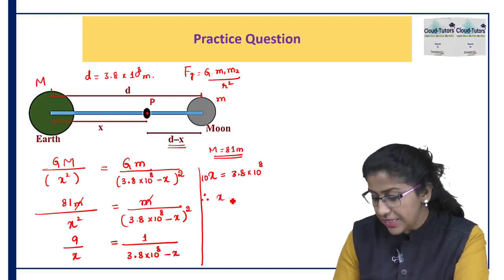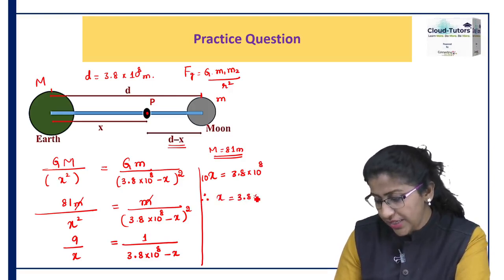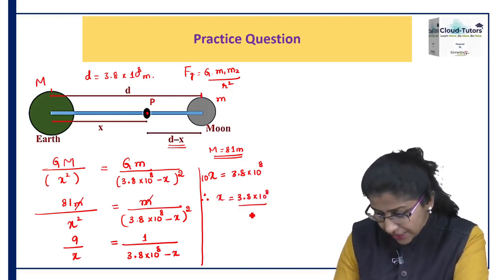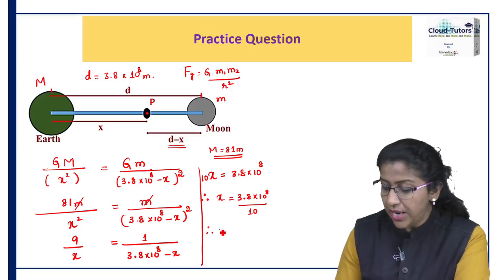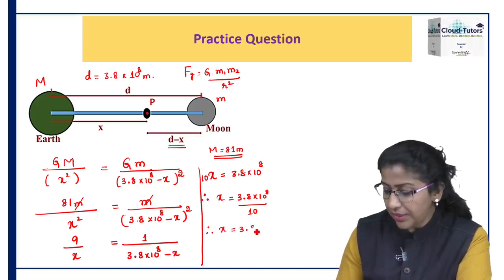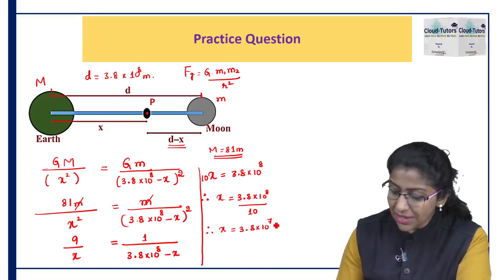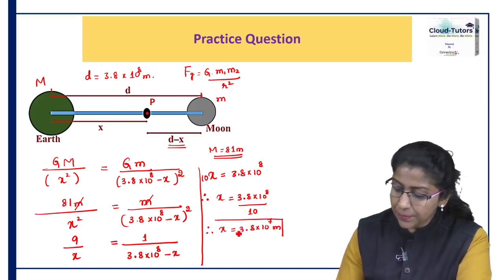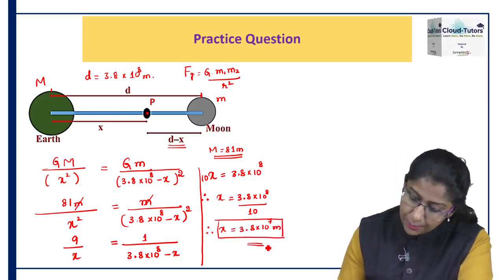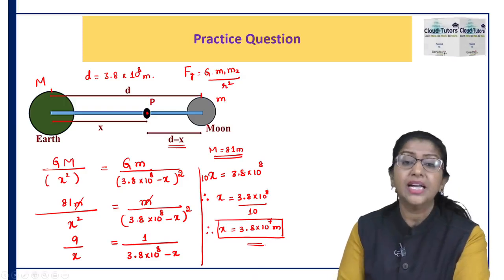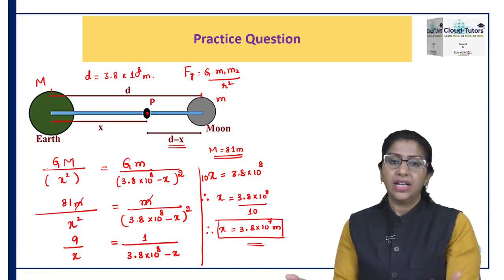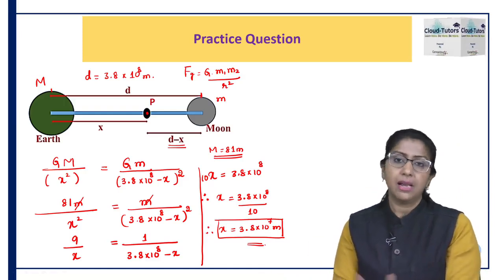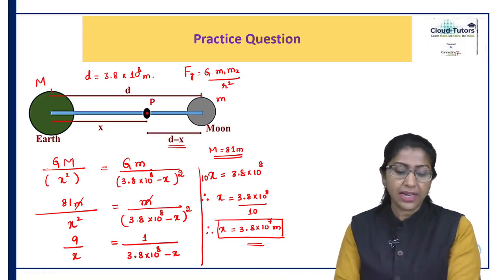Therefore, x is equal to 3.8 into 10 raised to 8 divided by 10. So there is a power 1 less here. Therefore, x is equal to 3.8 into 10 raised to 7 meters, which is the distance to the null point from the Earth. On calculating d minus x, you get the null point from the Moon itself, correct?